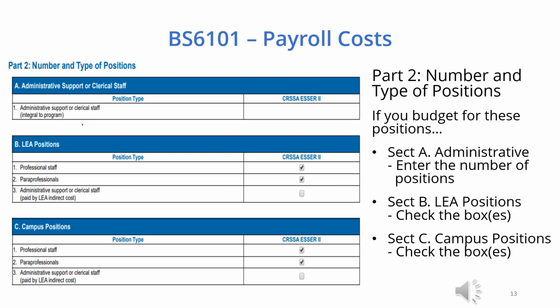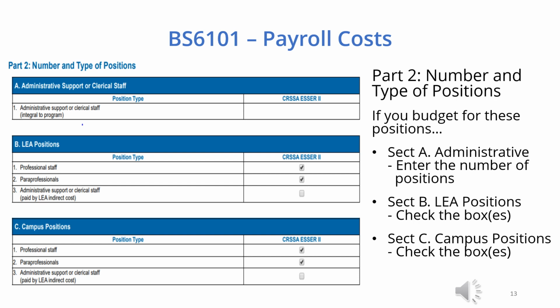Section B is for LEA positions. This is where you will identify if you have any LEA positions that meet the descriptions of items on lines 1 through 3. If you do and you're budgeting costs for these positions in the grant, check the box next to the line. Similarly, Section C is for campus level positions that meet the description on lines C1 through C3.